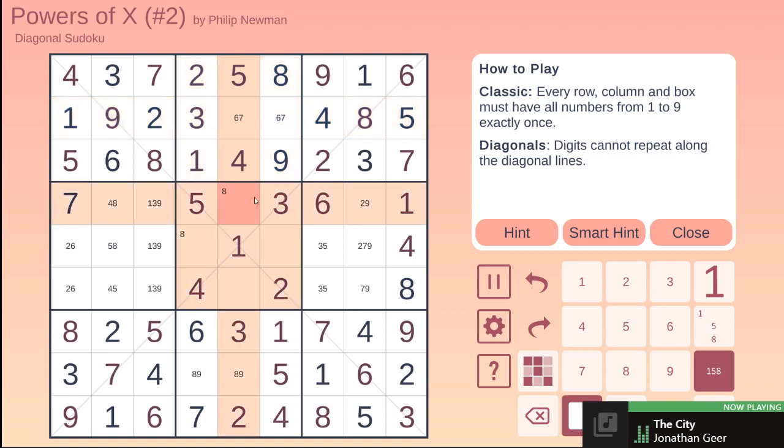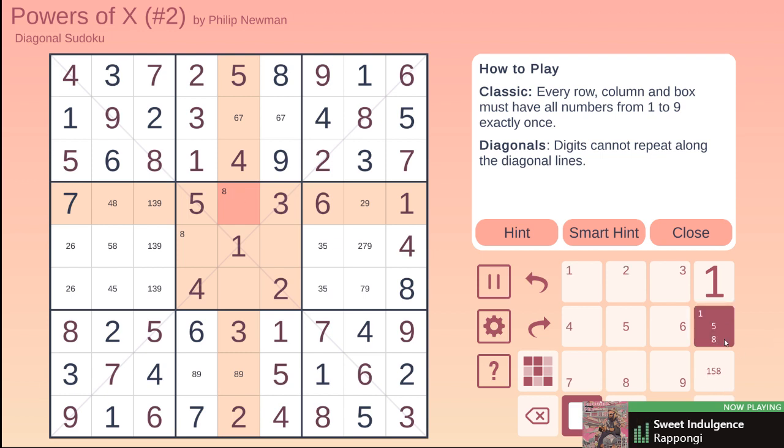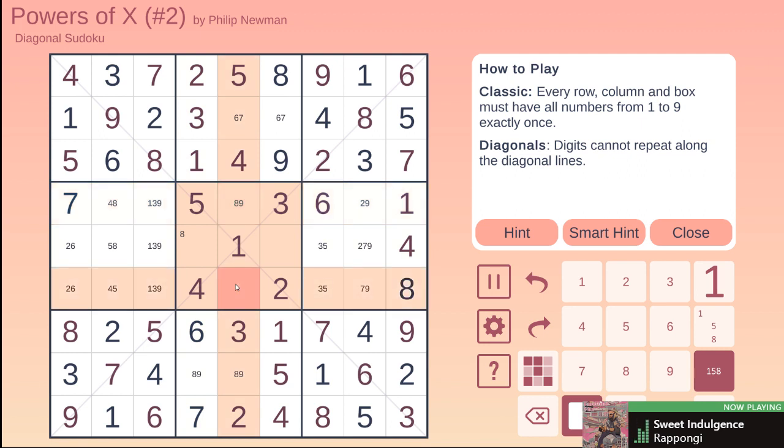Great. What is missing from the middle? 6, 7, 8, 9 has to be what it is. Which this can be 8 or 9. Making this an 8-9 pair, and this has to be the same 8-9 as this. This 6, 7, 8, 9.